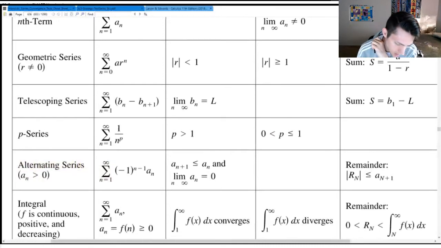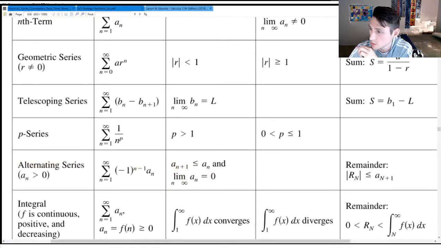Alternating series test. Okay, so if we see that -1 to the n minus 1 power, we have to show, this just says that it's decreasing, and the limit is 0 as n goes to infinity. Right?